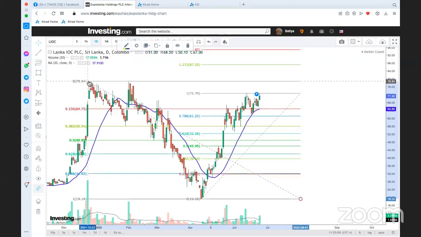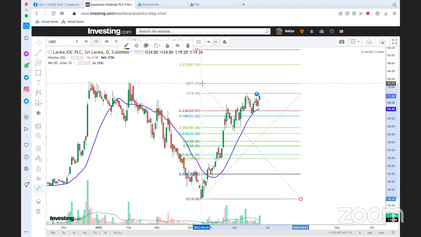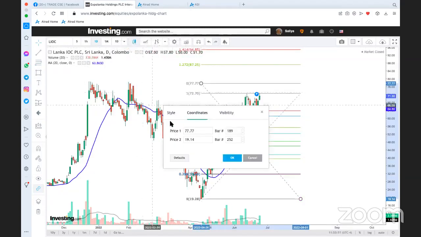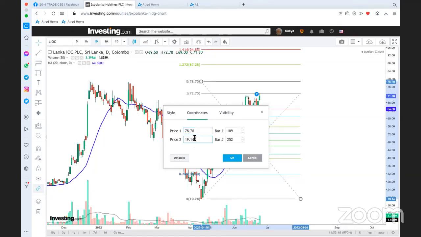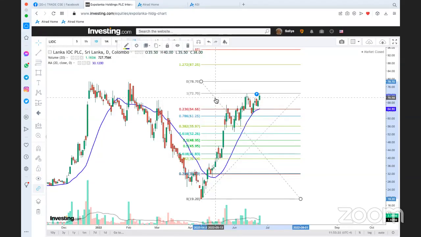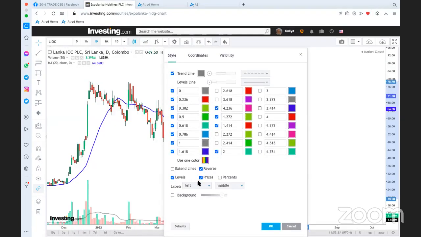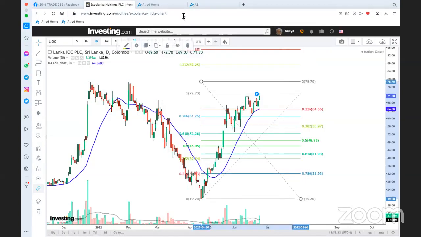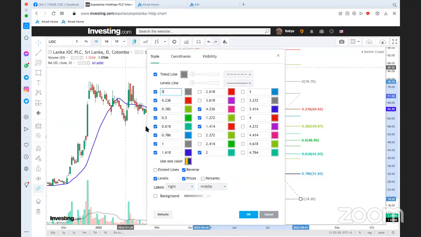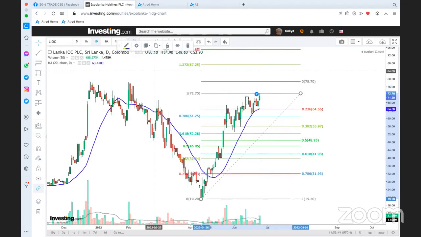Then it is user friendly. 78.70 is the top. 1920 is the bottom. If you want, you can shift the prices to the right side. If you want, you can even remove the trend line. Then the picture will be clear.